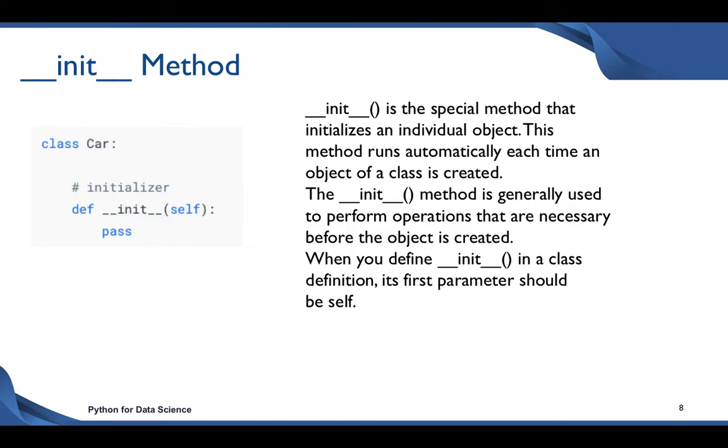Okay. So now let's try to understand the init method. The init method is basically a constructor. It's a special method that initializes an individual object. It runs automatically each time an object of the class is created.